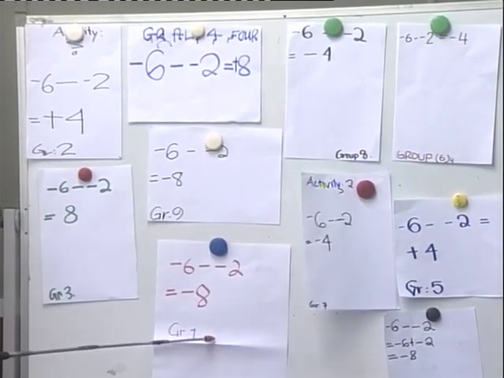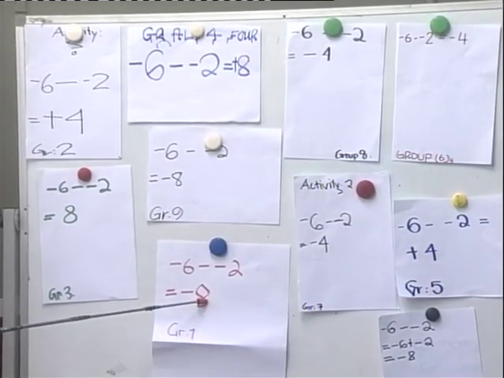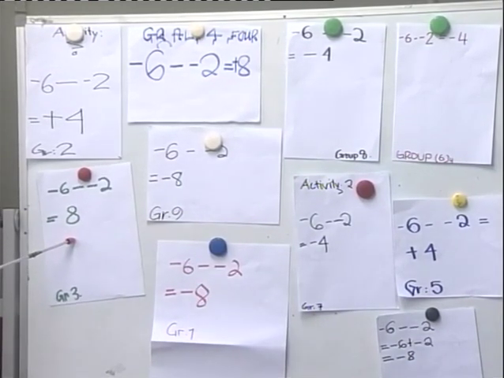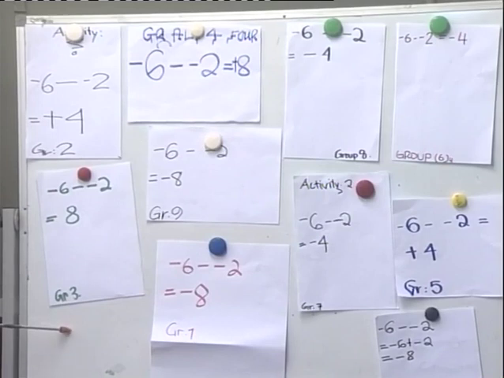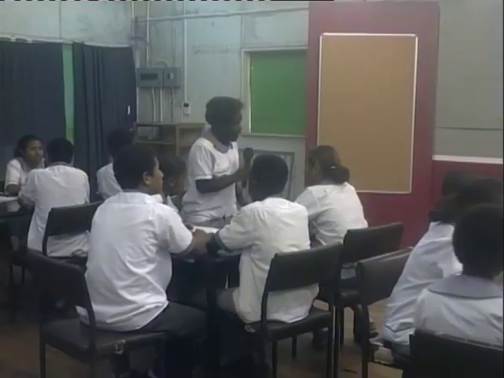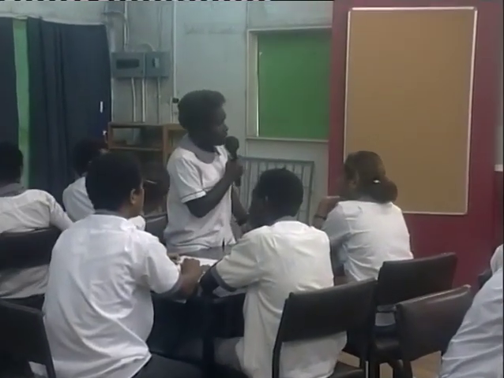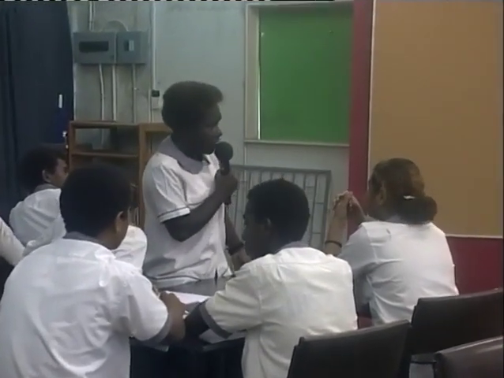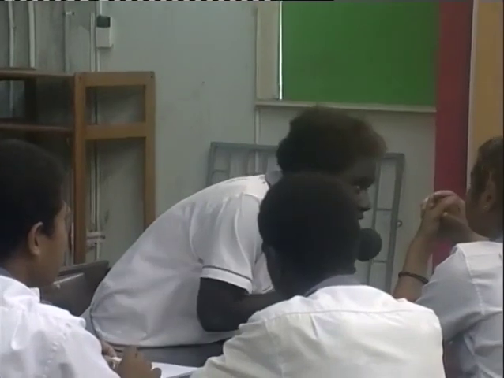Okay, group, yours is this one here. Positive 8. Who got positive 8? Okay, Stephanie, your group. You want to explain how you got positive 8? The rule says when subtracting a negative number, you add its opposite and get the answer.